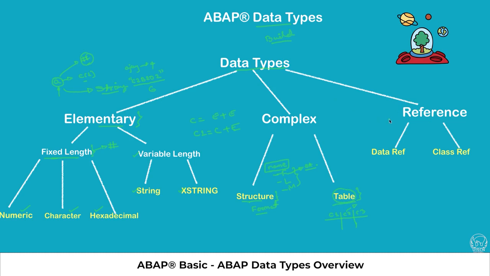And then the third category is the reference. We have data references and class references. In the data reference, you will find field symbols. Field symbols were used a lot previously, where you basically point to a memory location. For example, I have a variable a, and this variable is stored in memory somewhere. Instead of storing the value in a, I can store the memory location where the value is stored.